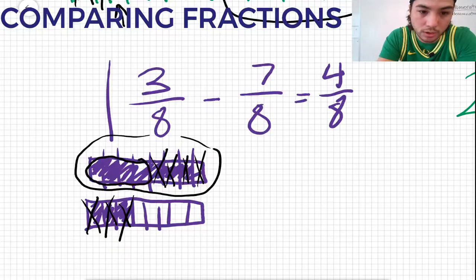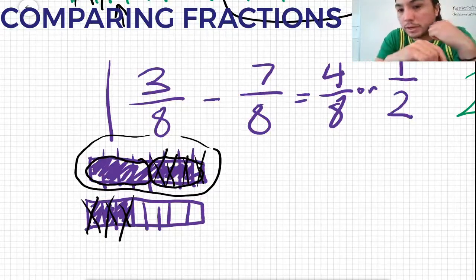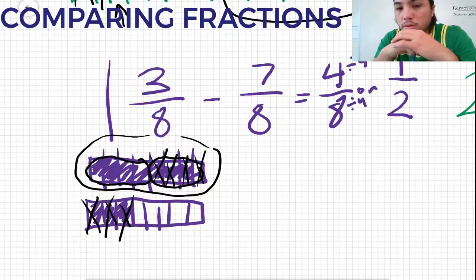Kind of sounds like 2 equal pieces to me, doesn't it? And we have 1 of those pieces, or 1/2, right? And you get there by dividing by 4/4. 4 divided by 4 is 1. 8 divided by 4 is 2.